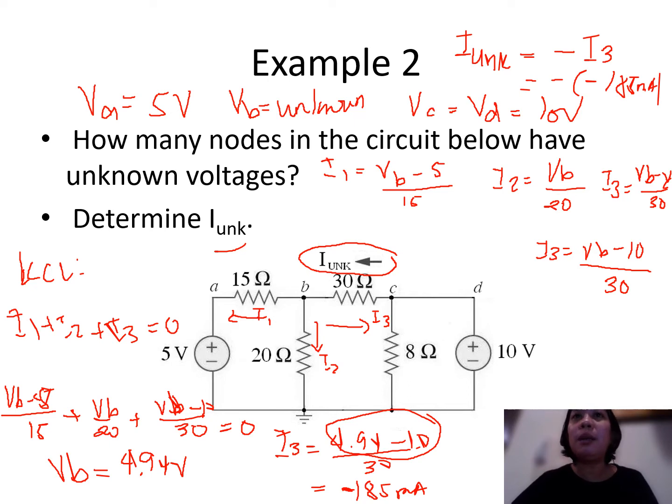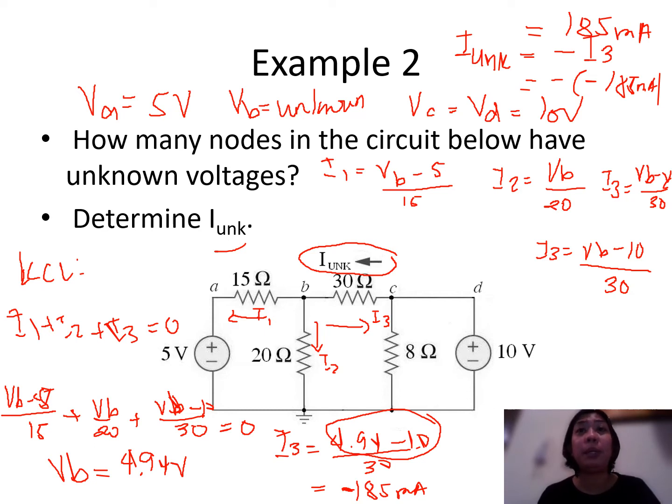So that means that your I unknown is positive 185 milliamperes. So the proper direction for the 30 ohm resistor is 185 milliamperes flowing from node C to node B. Okay, so that is our example number 2.